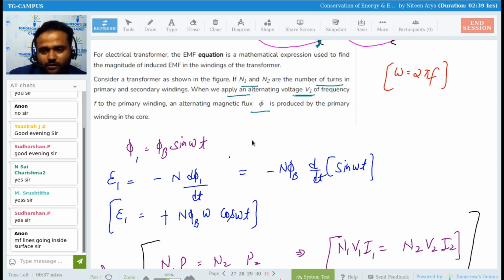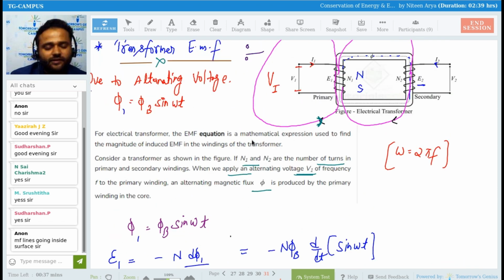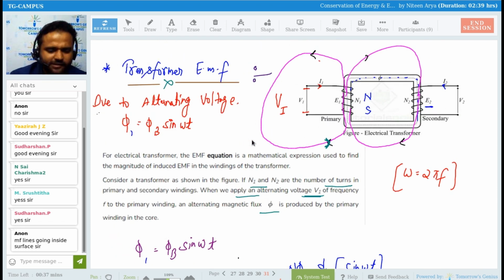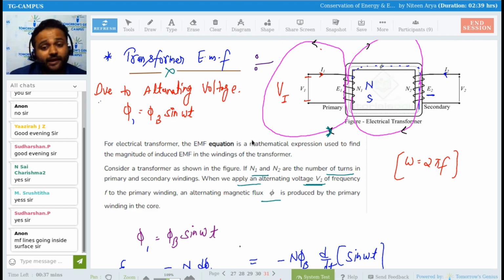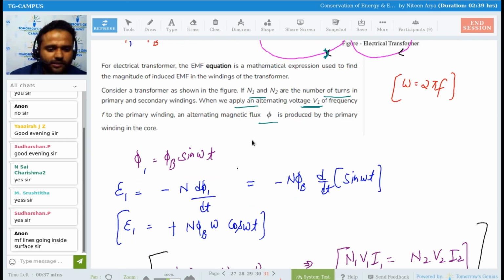Due to alternating voltage of frequency f, a magnetic flux phi1 is generated in the primary coil, phi m sine omega t or phi naught sine omega t. Due to this magnetic flux in this particular coil itself, an EMF is generated: minus N d phi1 by dt.